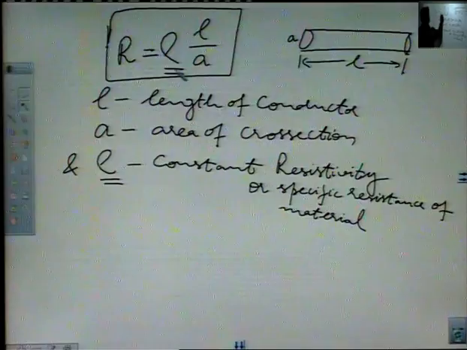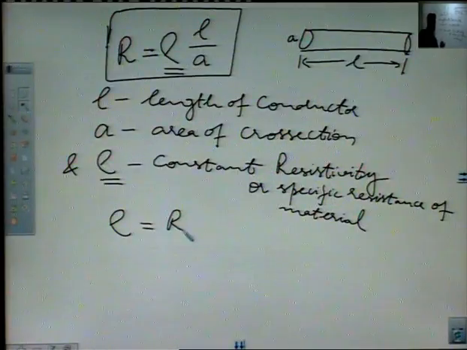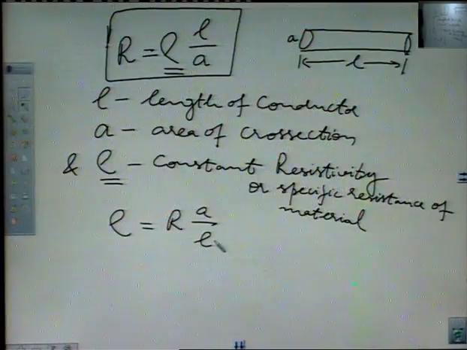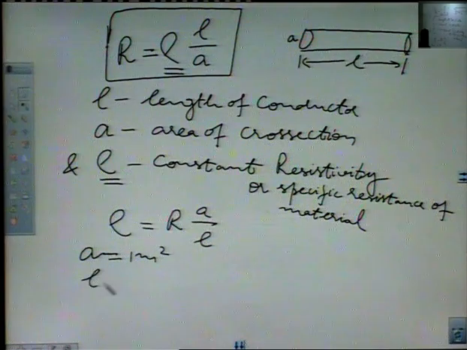From this equation you can write rho, this is equal to R A over L. Now, if A, the area of cross section of the material is 1 meter square and length of the material or the conductor is 1 meter, in that case what will be the value of rho?